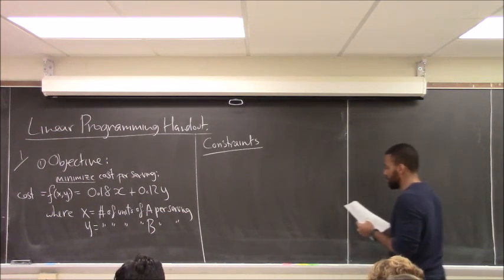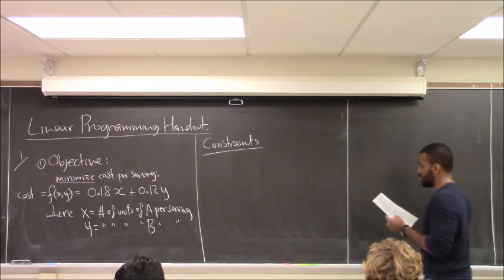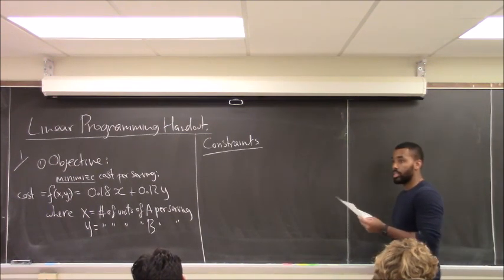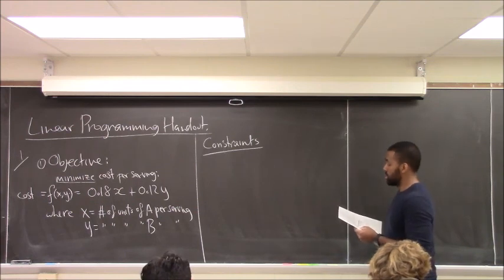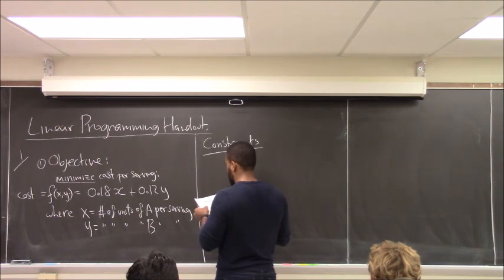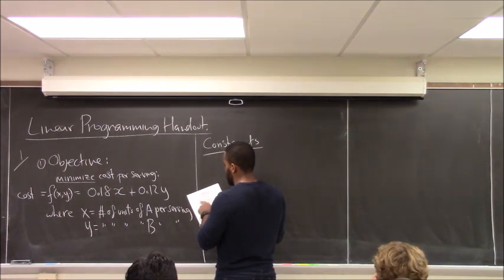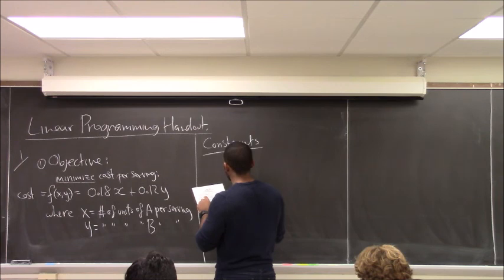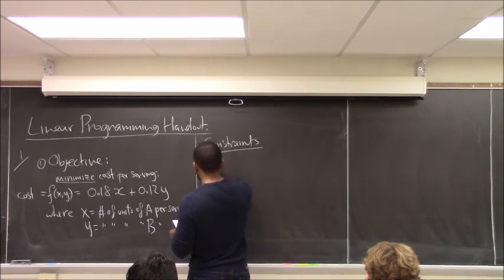You need at least 30 grams of protein and at least 20 grams of fat per serving, yeah. 2x plus 6y has to be greater than or equal to 30. No, be careful of how it's listed here because that's 2 proteins. 3x plus y is to be greater than or equal to 30. Oh, you're doing the protein. So yes, that's actually correct.